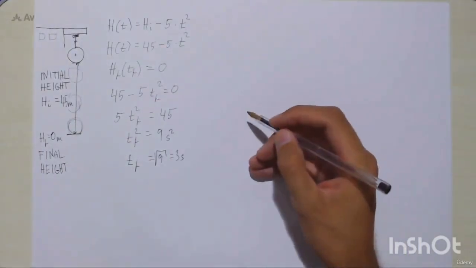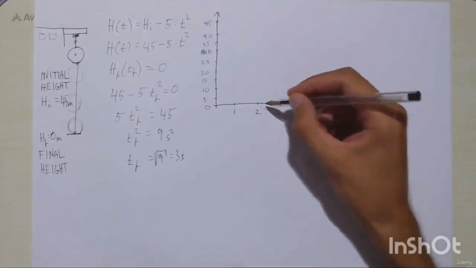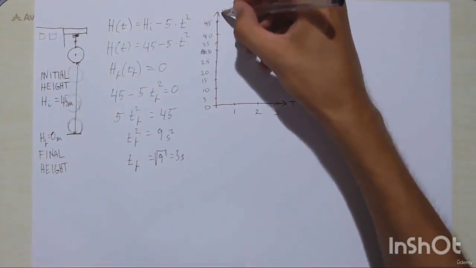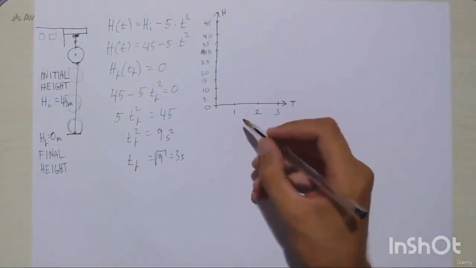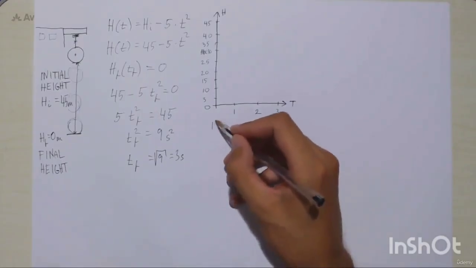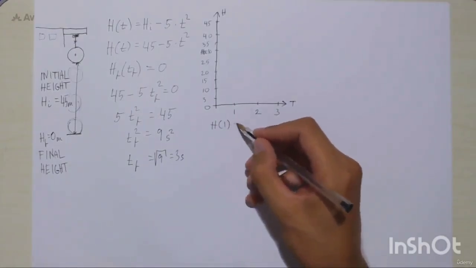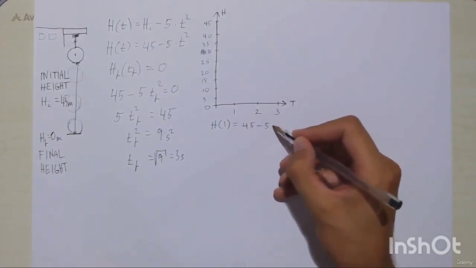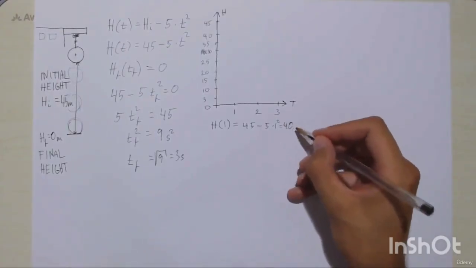Let's graph this information. So I have the axis here, and on the x-axis I have time, and on the y-axis I have the altitude of the sphere. What would be the height of the sphere at time equals 1 second? Well, we just take this function: altitude at time equals 1 would be 45 minus 5 times 1 squared, which is 40 meters.